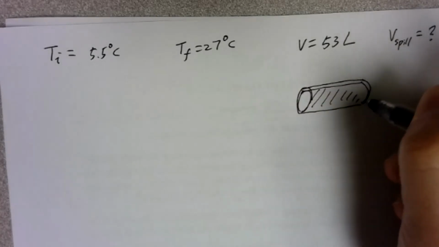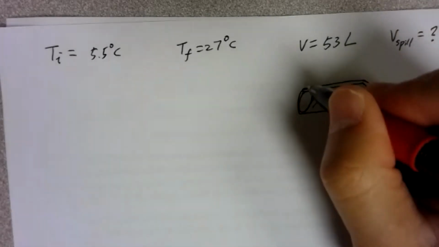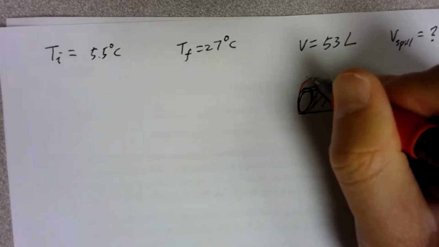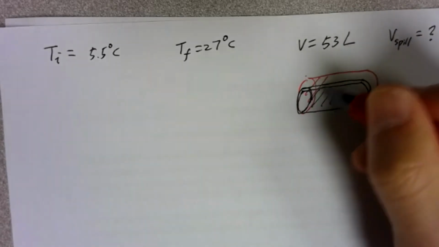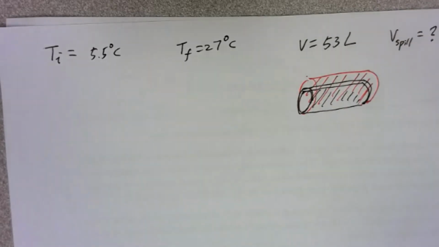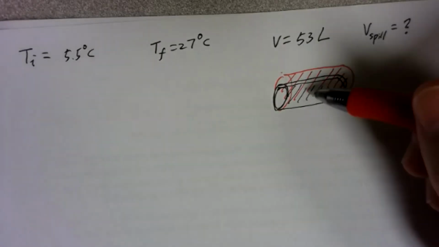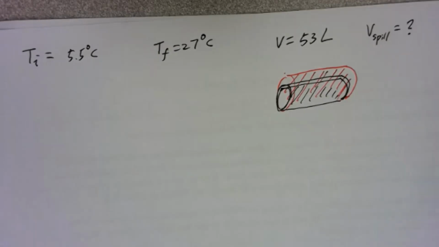This is the tank. However, the gasoline will expand more than the tank, so maybe it expands by this much. This is gasoline. So the gasoline expands more than the tank.